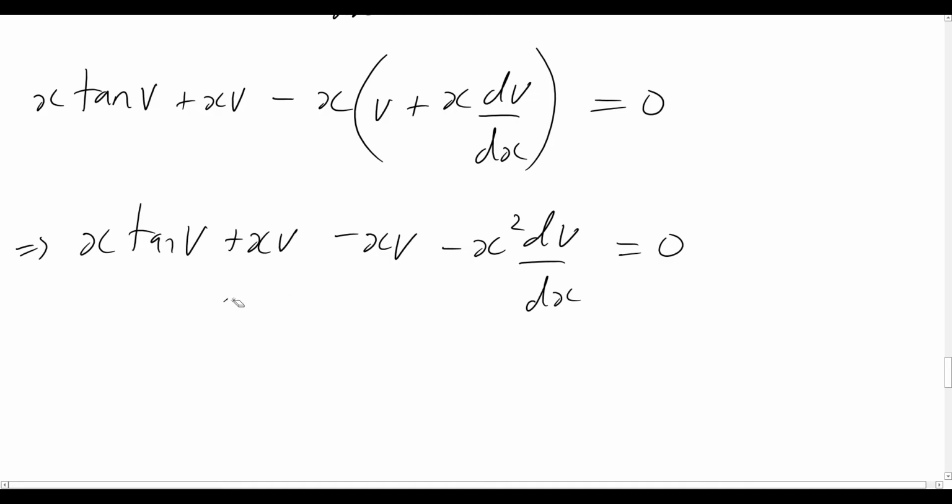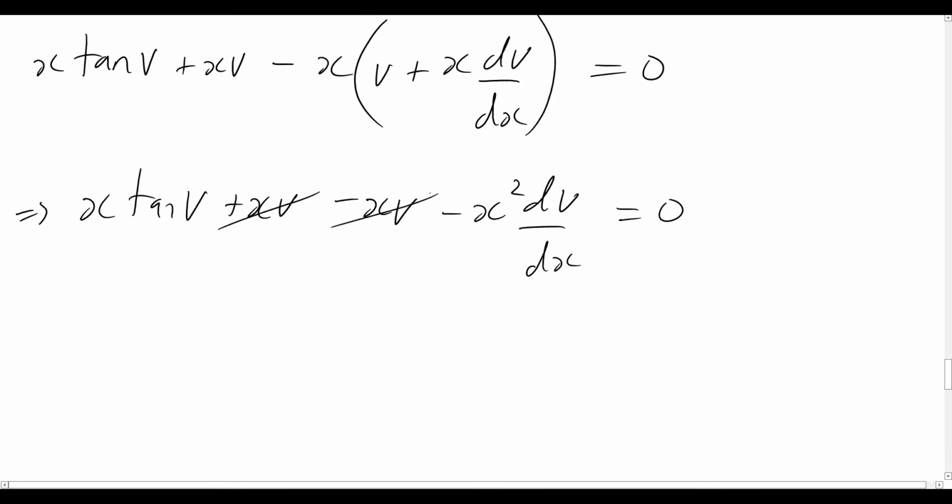At this point we recognize that we have a plus xv and a minus xv, so we can get rid of those. I'm also going to move this term over to the right hand side so that it's positive. What we'll be left with is x tan v equals x squared dv/dx.